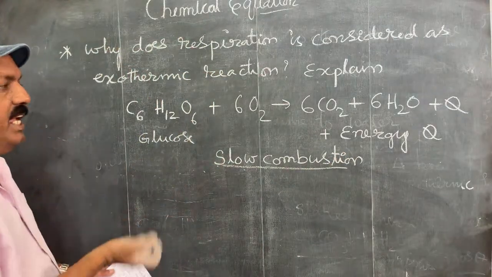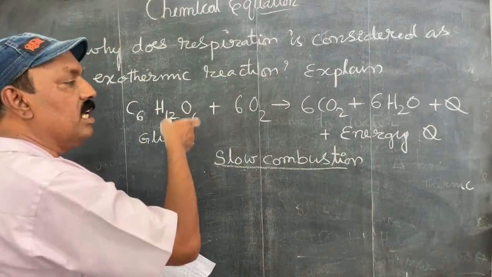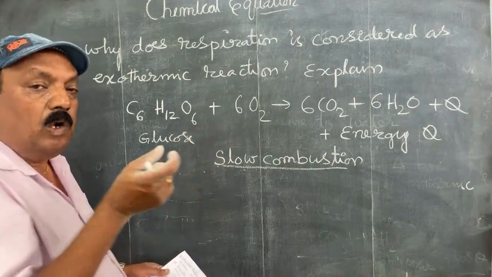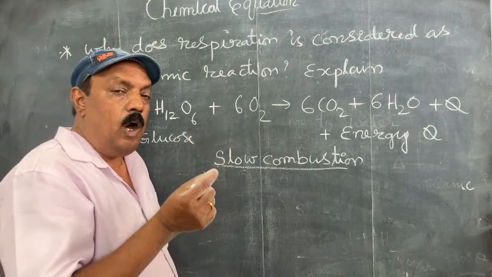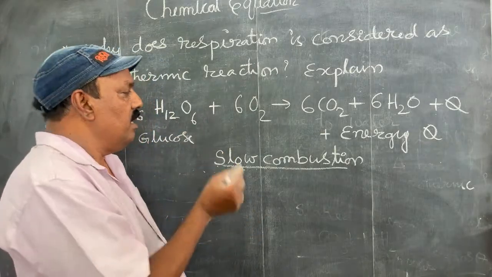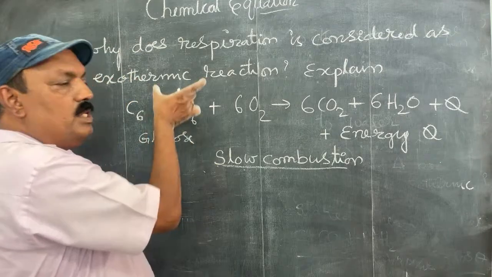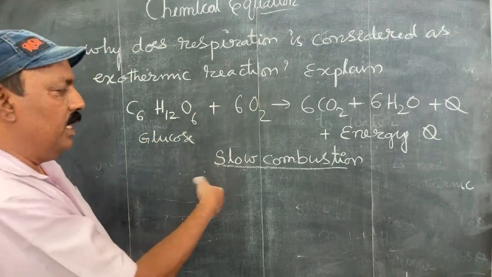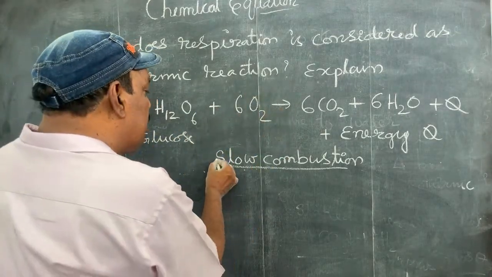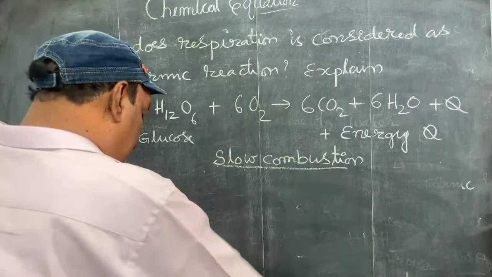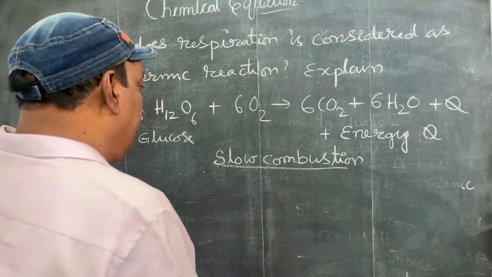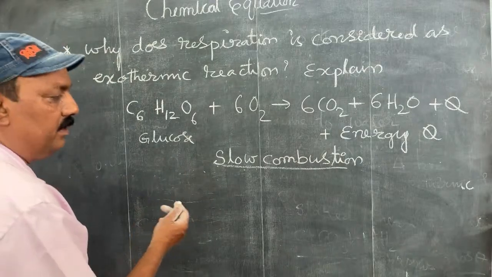Whatever food we intake, the starch, that is complex carbohydrate, is converted into simple carbohydrate. The simple carbohydrate is nothing but glucose. This glucose is burned with the help of oxygen. That process we call slow combustion, and this slow combustion releases a lot of heat.